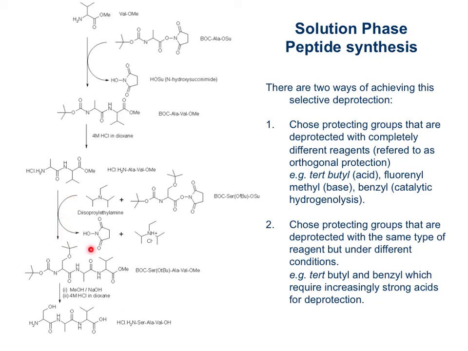And then in the presence of diisopropylethylamine, you make the Boc serine alanine valine, and then you're using methanol and sodium hydroxide followed by the acid. So the methanol and hydroxide will deprotect the ester, and then the acid deprotects the Boc protecting group.